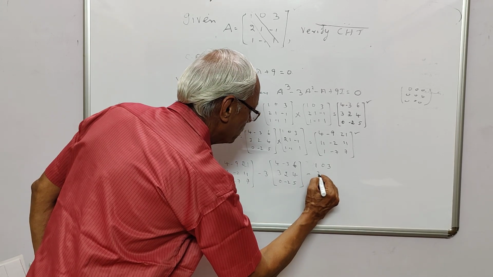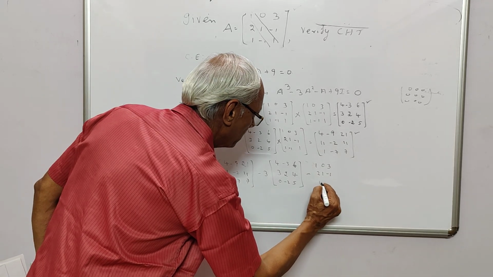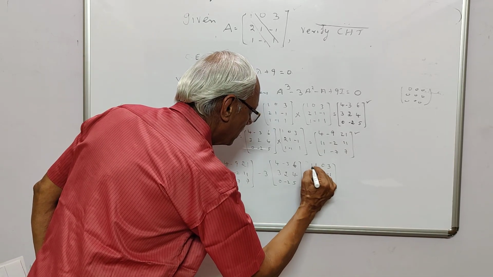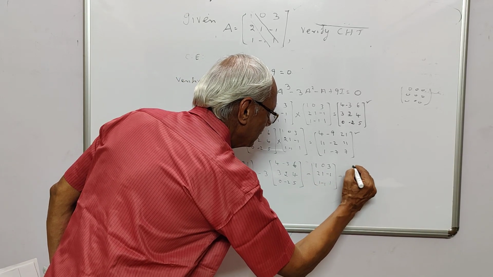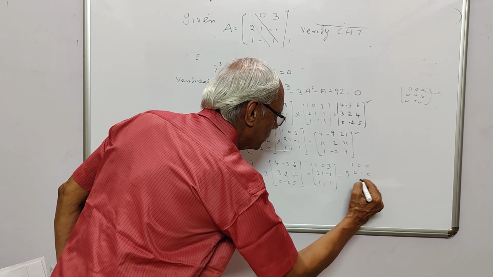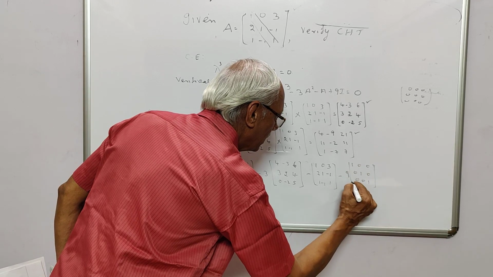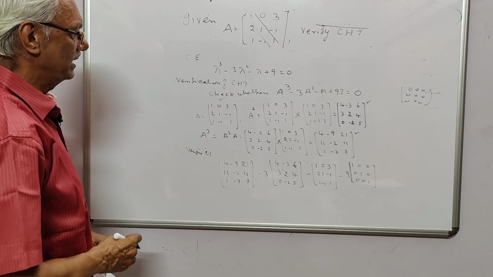Then 2 1 minus 1. It is 1 minus 1 1 minus 9, 1 0 0, 0 1 0, 0 0 1. So this is what you get here.